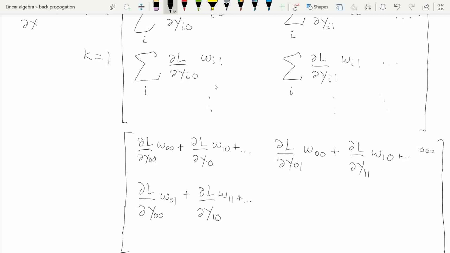The next entry is del L by del y_01 w_01 plus del L by del y_11 w_11 plus dot dot dot.